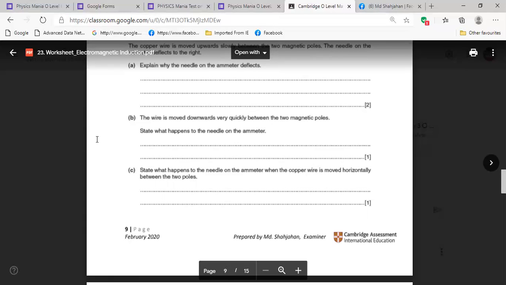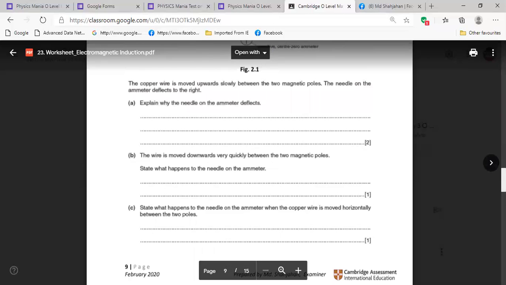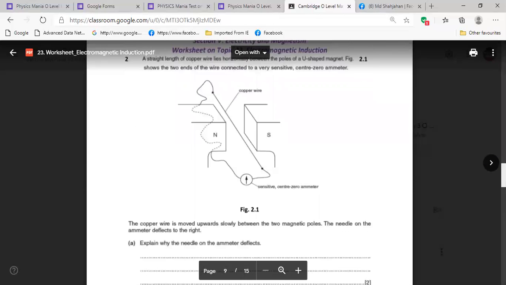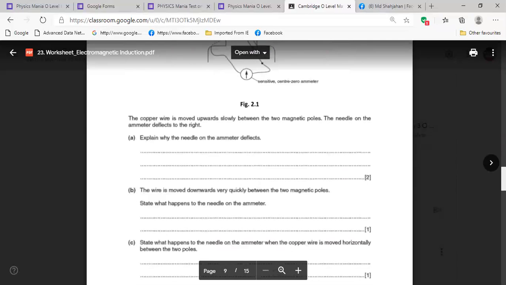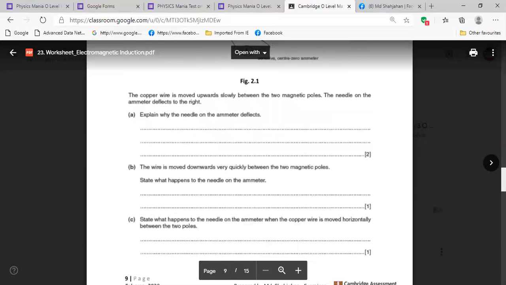It will change direction. I wrote this one only.